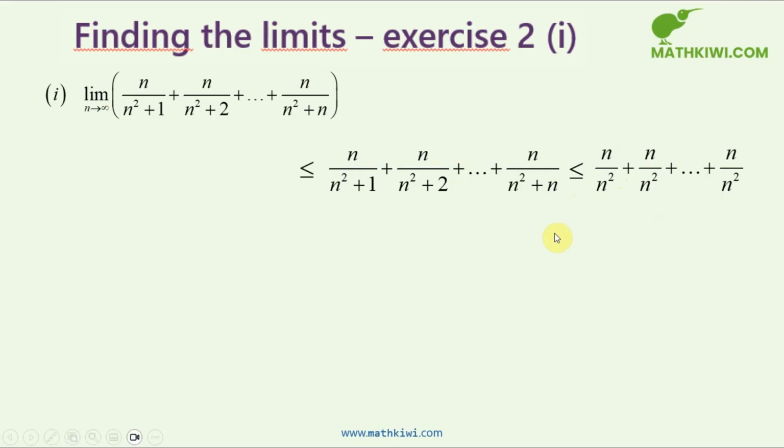What will we limit from below? Following the same method here, we will increase the denominators, without a doubt. On the left, each denominator n squared plus n, and so on, is greater than or equal to the corresponding denominator in these fractions.